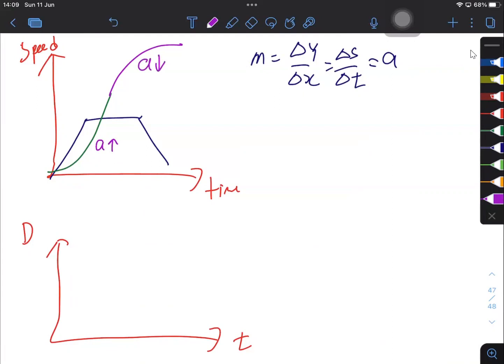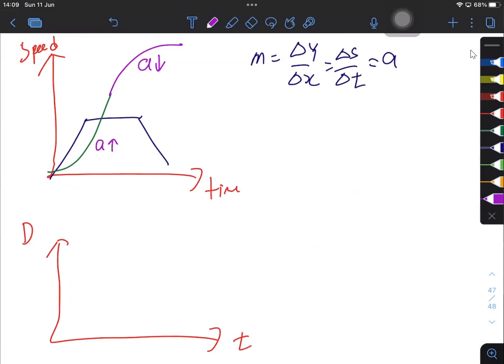Next question that I want to ask: is decreasing acceleration the same as deceleration? No. What does it mean? You accelerate at a certain speed, but you're still accelerating when you drop a certain speed. Very good.